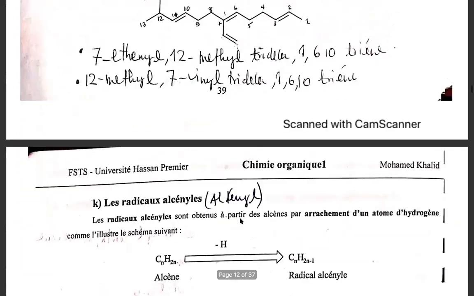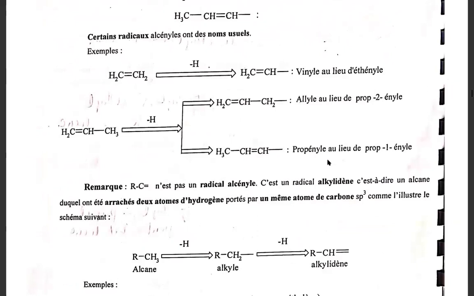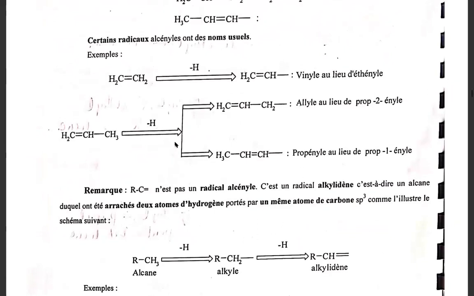How do you know if it's a vinyl? Let me go back to my PowerPoint. The general formula for an alkene is CnH2n.